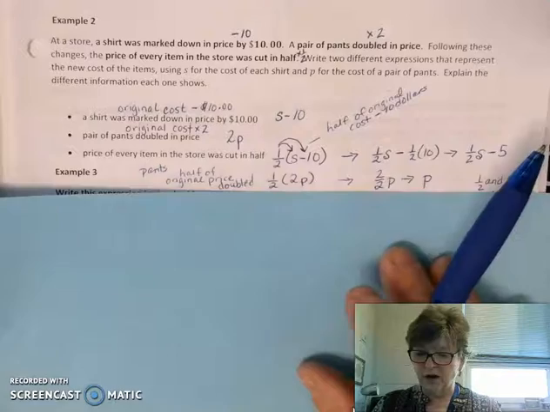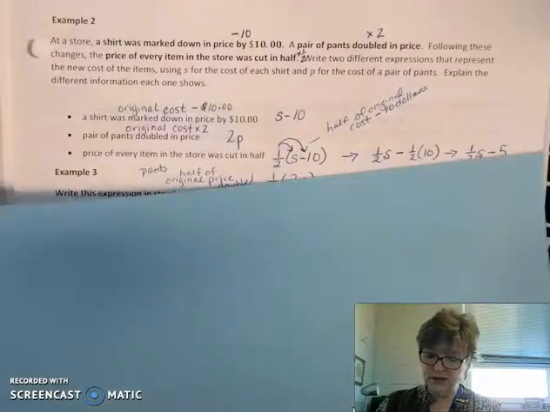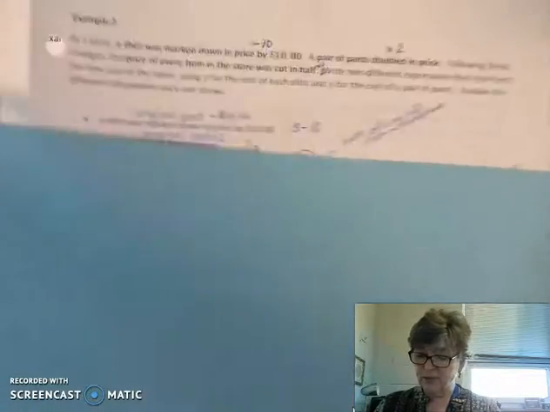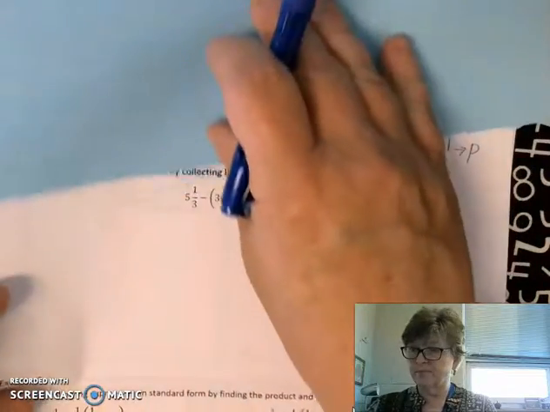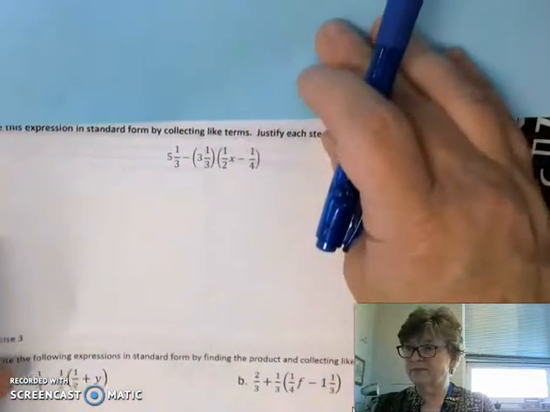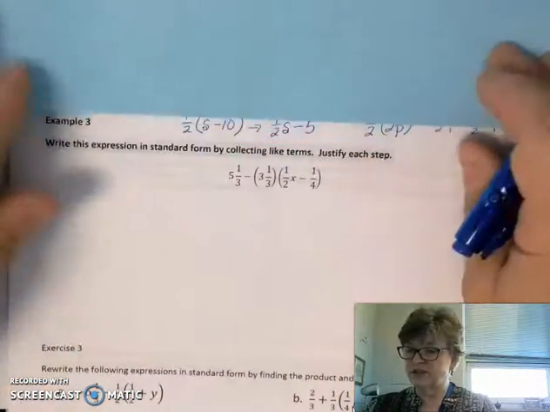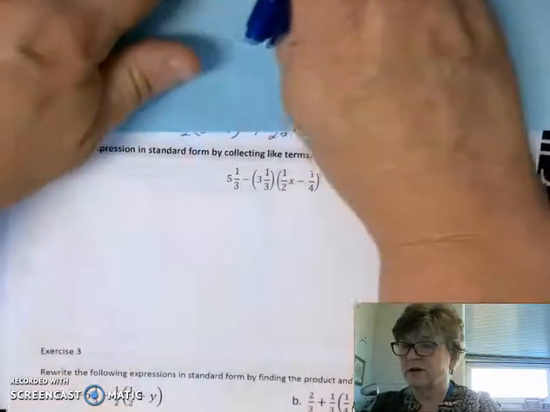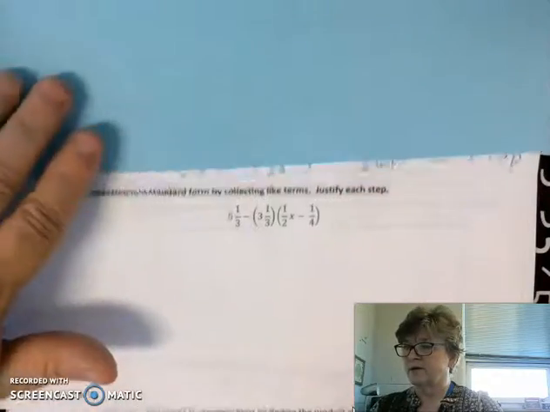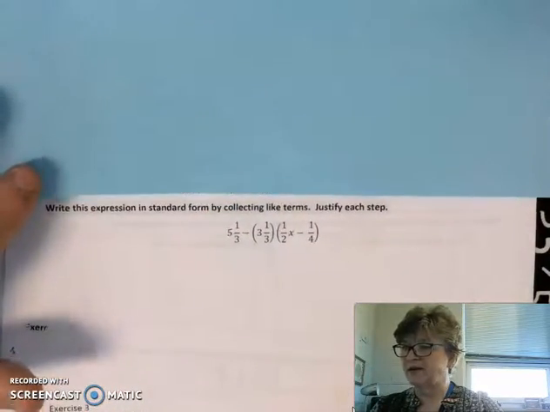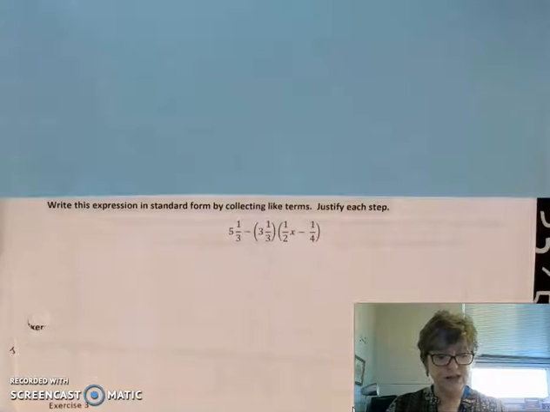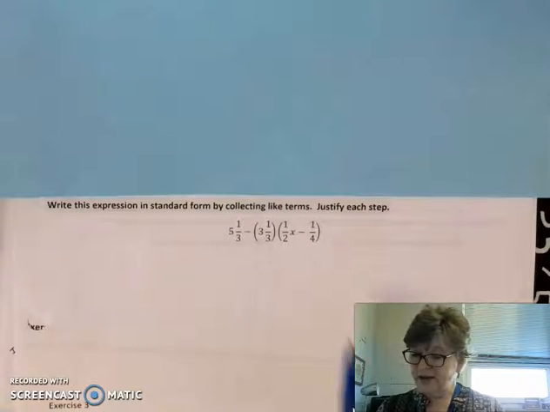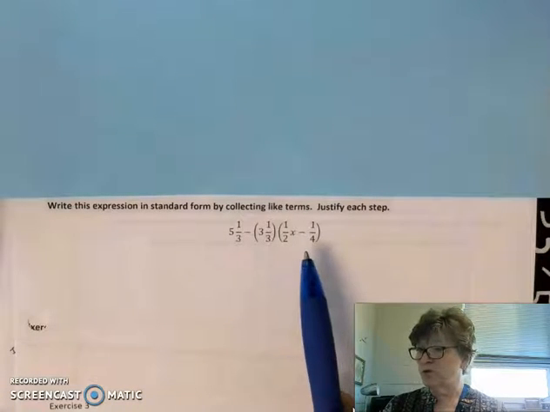Now we're going to move on to actually completing an expression in standard form. Bring this on up. Minimize our distractions here. There we go. Okay, looking at using this expression. And if we take our first step, we're dealing with some multiplication here.